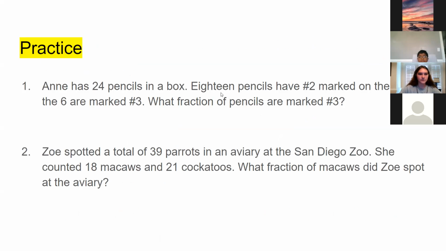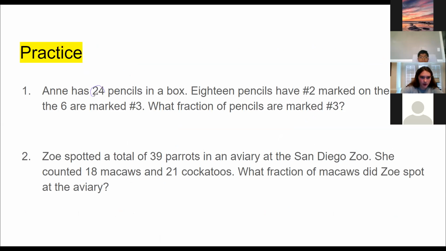Okay. So here's some practice questions if you guys want to go over this. So Anne has 24 pencils in a box. 18 pencils have number 2 marked on them, and the 6 are marked number 3.